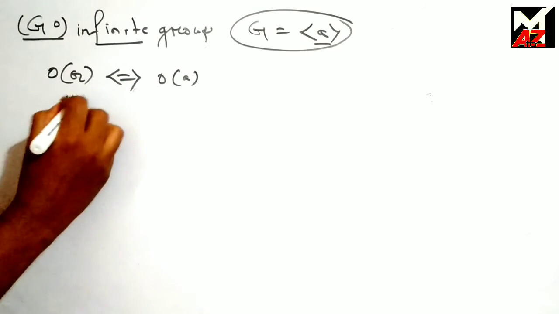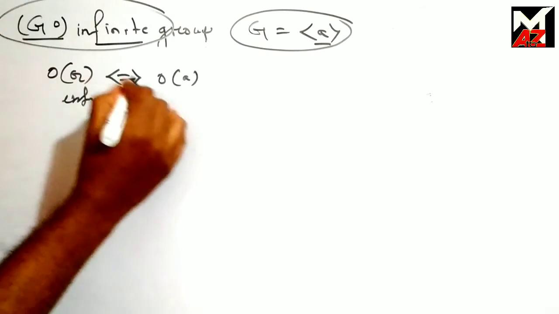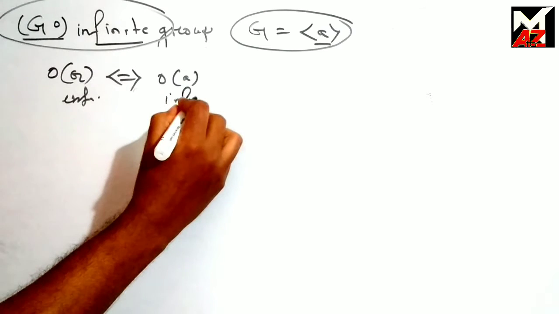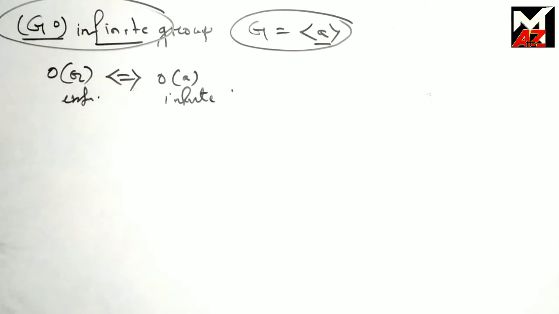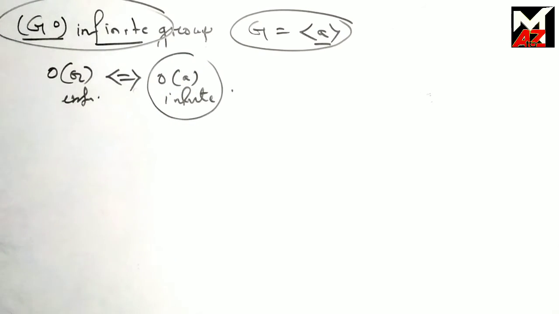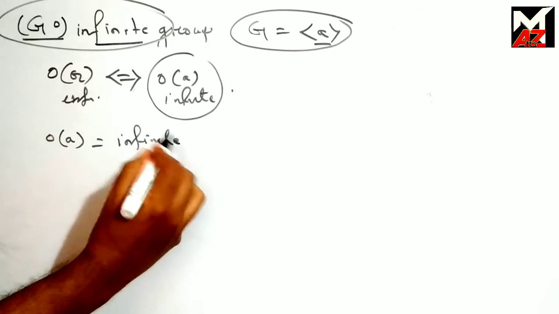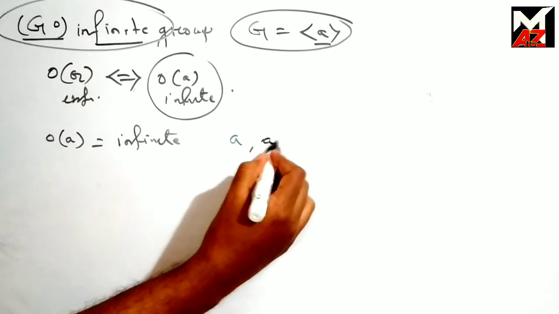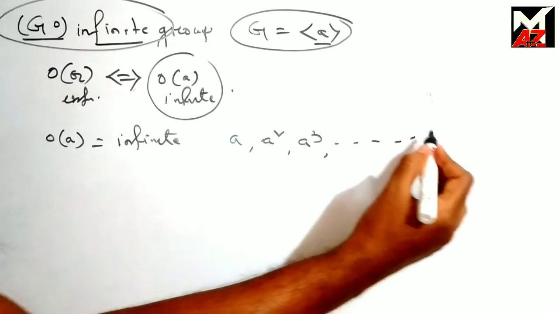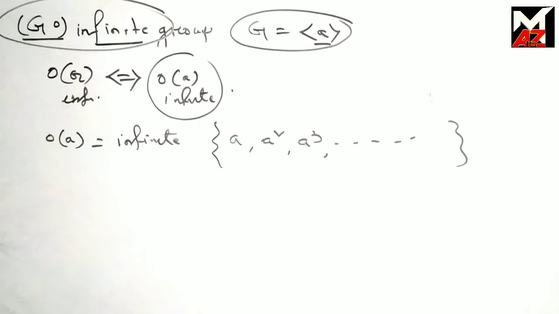Here it is given that the order of G is infinite, so the order of A is also infinite. And it is shown very easily: if the order of A is infinite, then A, A squared, A cubed and so on are infinitely many distinct elements of G.